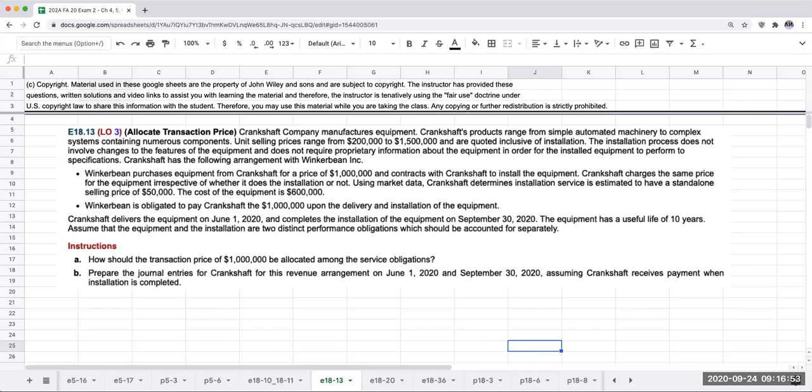If they're the only ones doing installations for the clients, for a variety of reasons, I would be extremely concerned, because then it's bundled. I'll show you what that means in a moment. But that means you really should not be recognizing any revenue until the equipment is fully installed and up and running. So a very, very important part here.